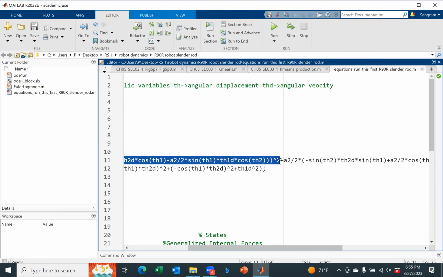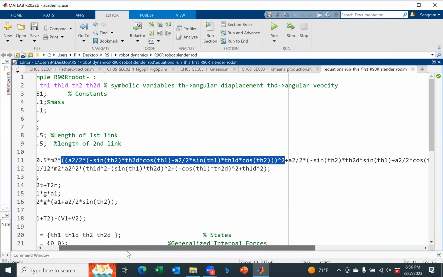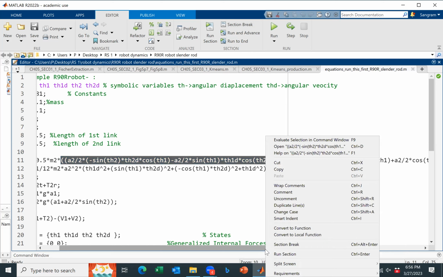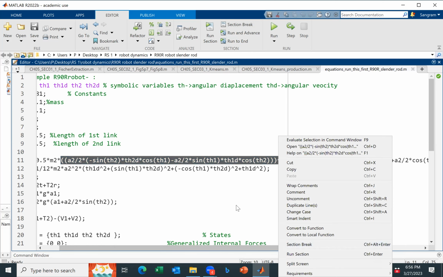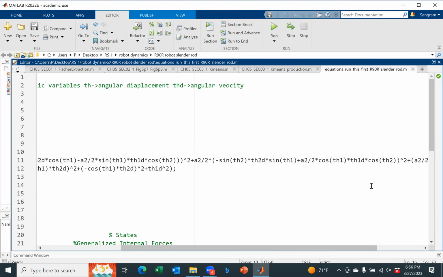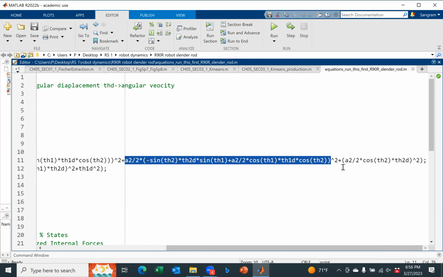So this is Vx square, then we have Vy square, and then we have Vz square.